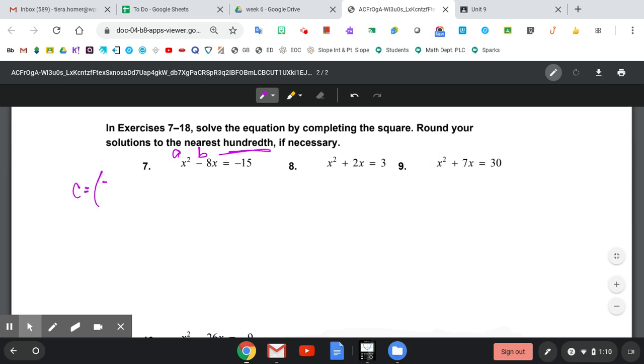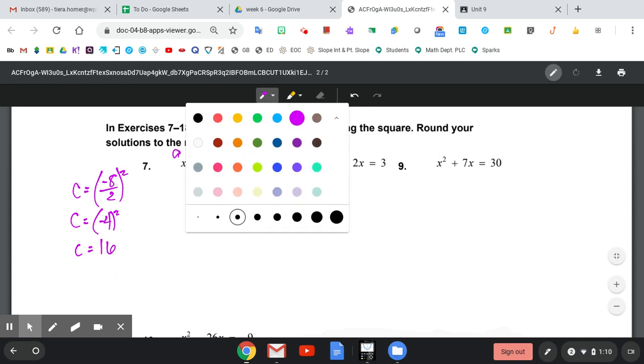I'm going to take half of B. B is -8 and square that. So half of -8 is -4. And -4 squared. Remember, if you're using your calculator, put that in parentheses because it's a negative times a negative, which gives you a positive 16.